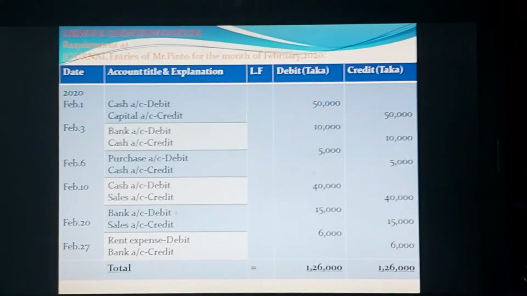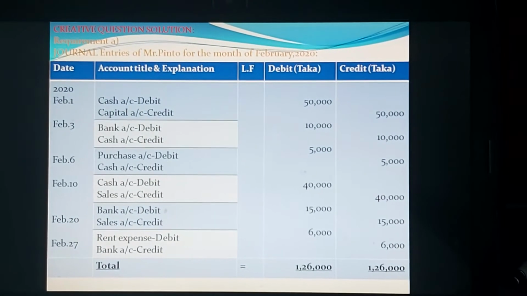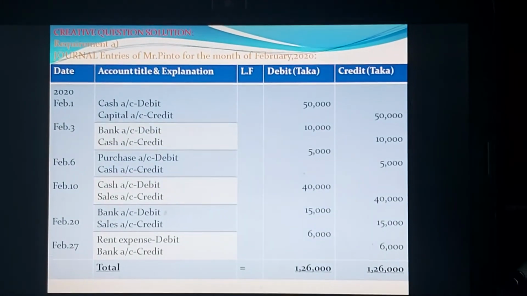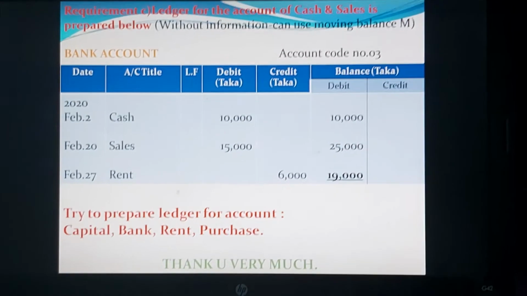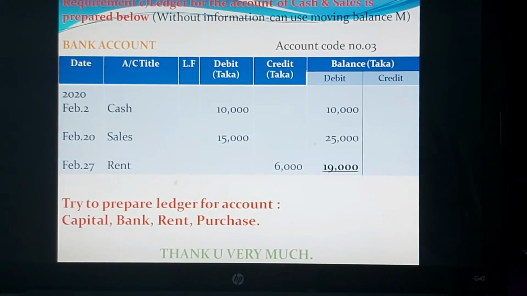In the previous requirement, you have written the opposite account in the account title column. Now you can go to the next requirement C. In February 2, bank debit cash credit.